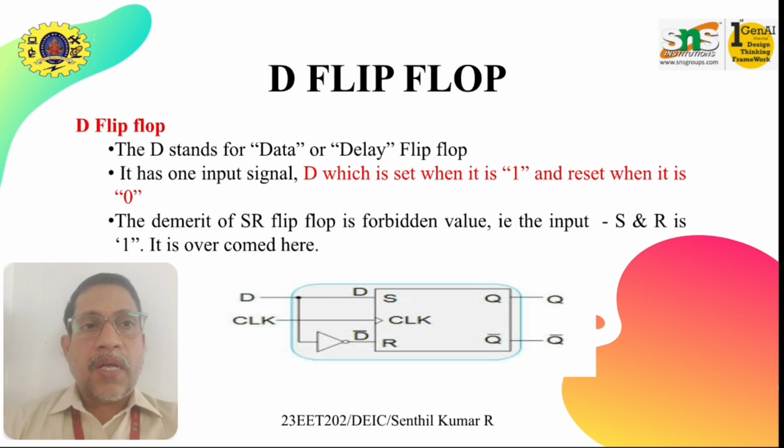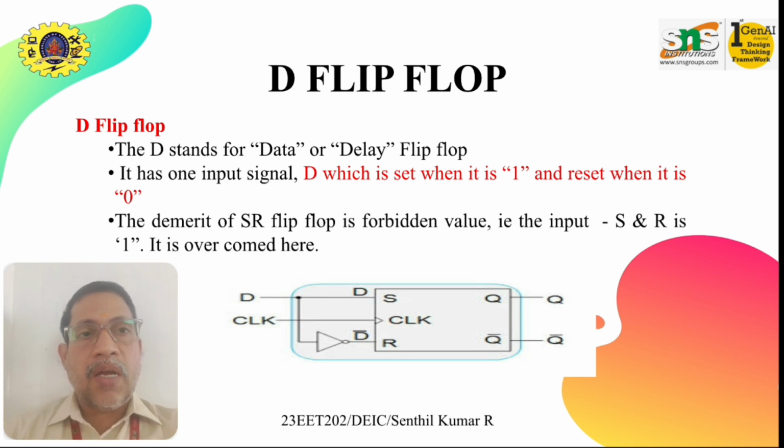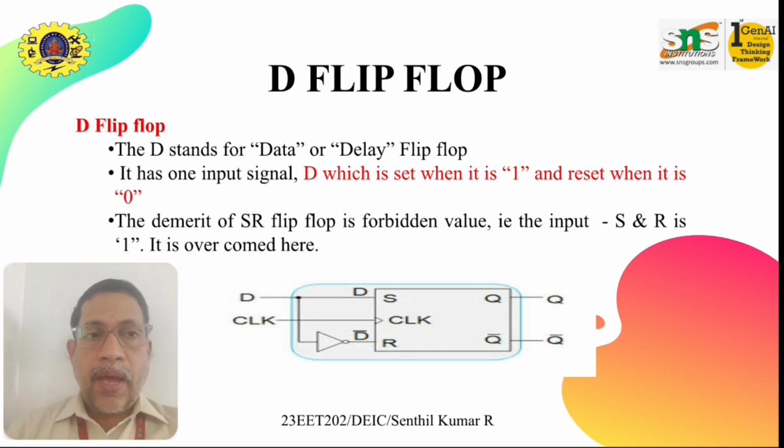A NOT gate is connected in between S and R, such that S and R will never both be 0, and they will not both be 1 either. Since a NOT gate is connected, when S is 1, R will definitely be 0, and when R is 1, S will definitely be 0.